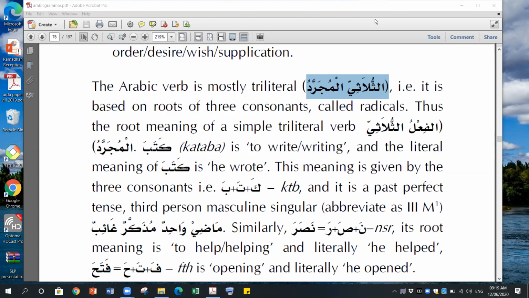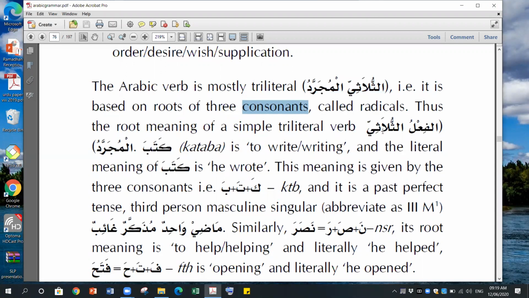Yani waw, ya, and hamza. They also come in madda, in root words. But mostly, we have to treat them a little differently when those vowels come in a root word. But all other letters are consonants, and they are called radicals also.